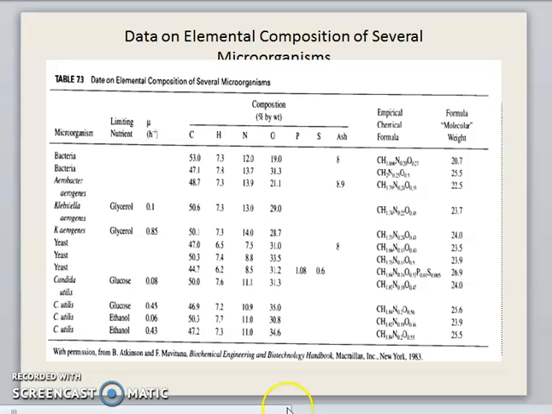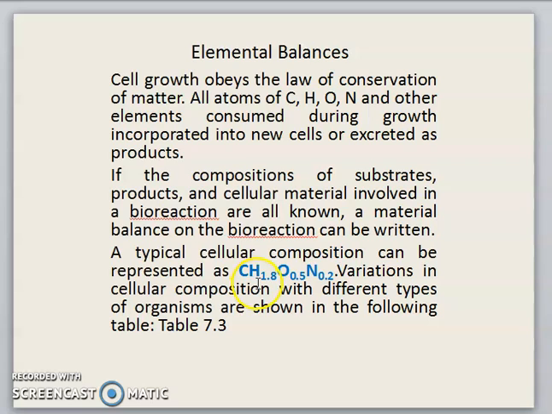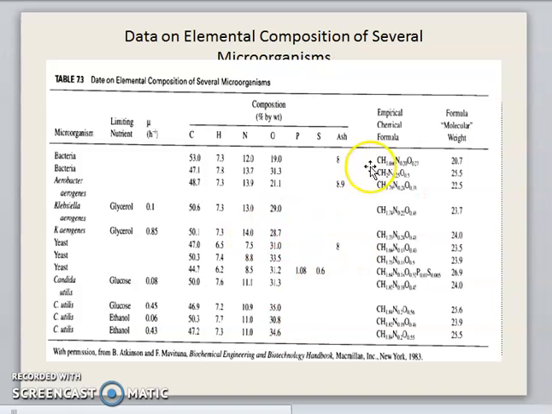Okay, so the general empirical chemical formula for microbes is CH1.8O0.5, and for the element of nitrogen, N0.2. This is the general empirical formula, and they also have their specific empirical chemical formula.